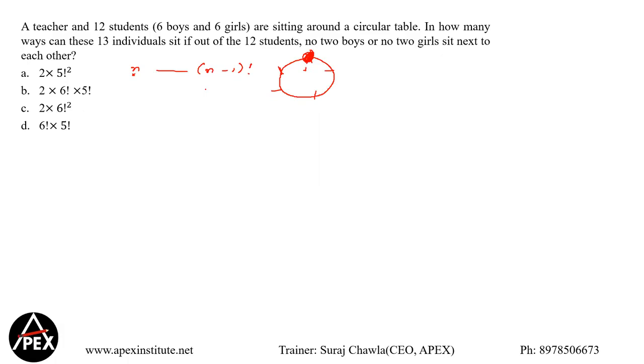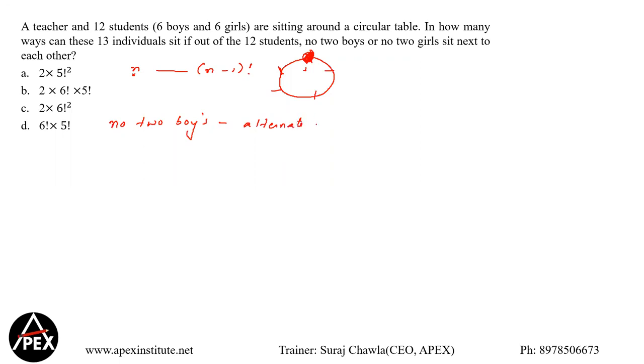Now, in how many ways can 13 individuals sit if, out of the 12 students, no two boys and no two girls are sitting together? So in a circular fashion, whenever I say no two boys or no two girls, you only get a standard rule called alternate arrangements.